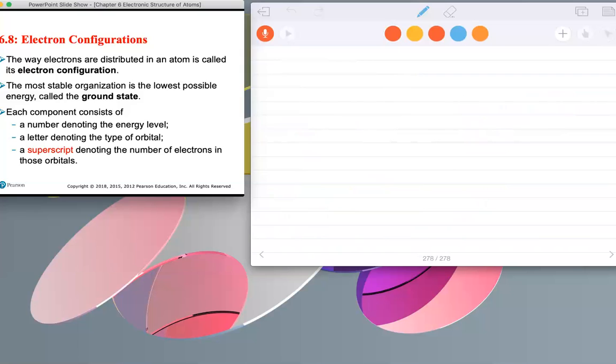So if you go back to the sodium, using it as an example to show you how you write the electron configuration, we assume that this was 1s2, 2s2, 2p6, and 3s1. You should know how many orbitals are in each sublevel: p has 3, d has 5, f has 7.